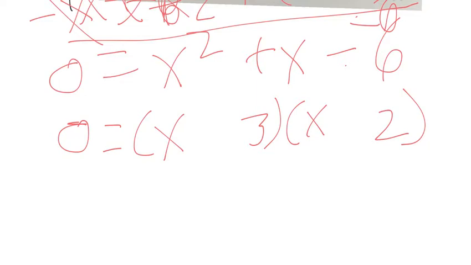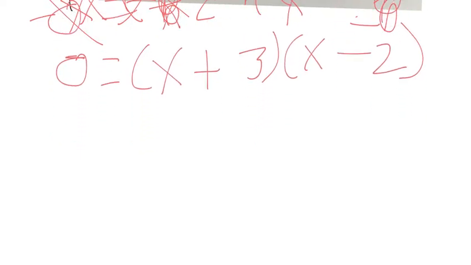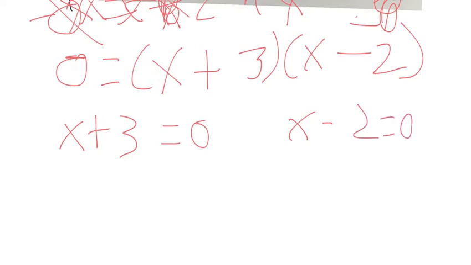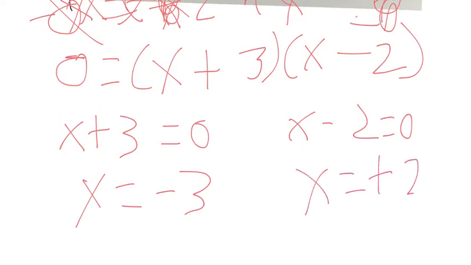Since the first sign is addition, that means the bigger number is addition, and the smaller number is subtraction. So now, you can take x plus 3 equals 0, and x minus 2 is equal to 0. So x is equal to negative 3, and x is equal to positive 2. You don't even have to put the addition sign.